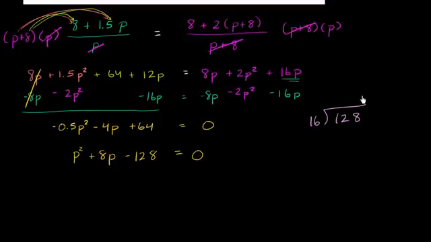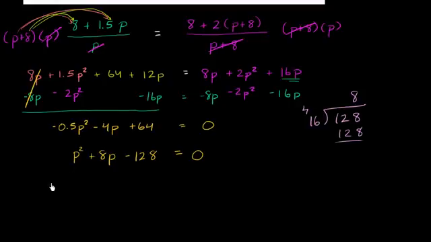Does it go 8 times? 8 times 6 is 48. 8 times 10 is 80, plus 40 is 128. Yep, it goes 8 times. So 16 and 8 seem to work. If you have positive 16 and negative 8, the product would be negative 128.